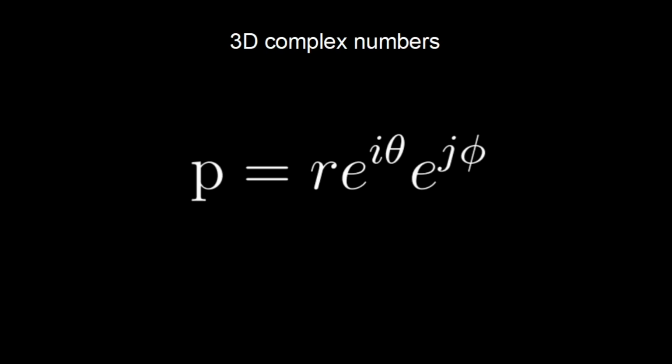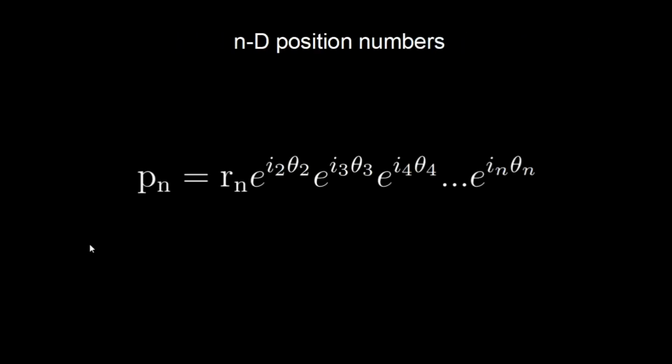Multiplication of 3D complex numbers in the spherical coordinate system is commutative. Actually, the rotation factor concept can also be further extended to higher n-dimensional spaces. This may be discussed in a separate video. Thanks for watching.